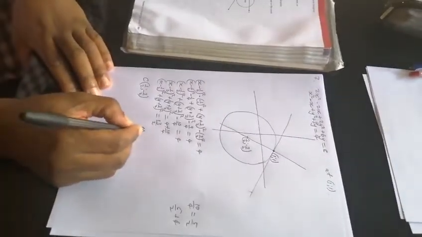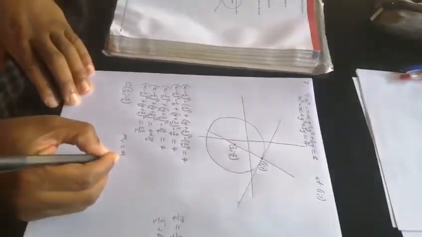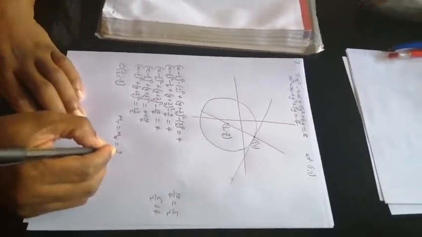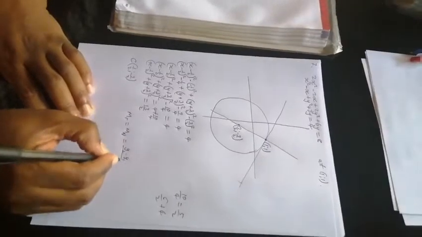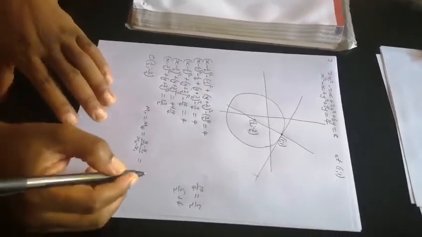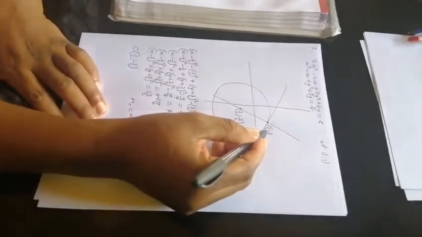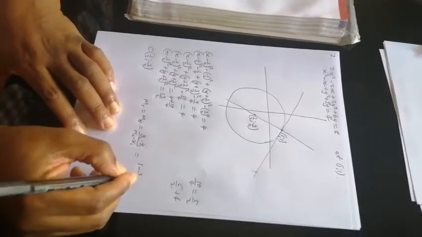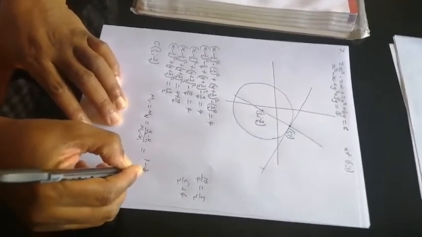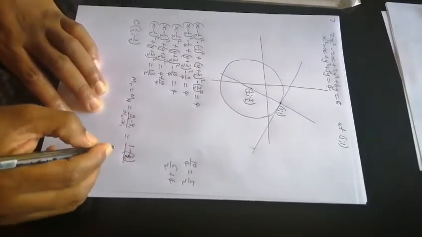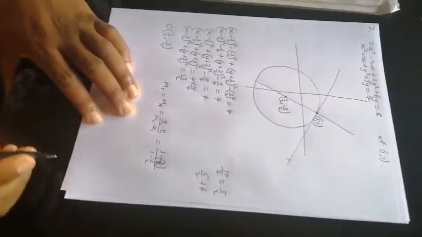So the gradient of the radius, which is actually equal to the gradient of the normal, will be change in y over change in x. We can use what we have: 1 minus minus 3 over 2, over 1 minus half.